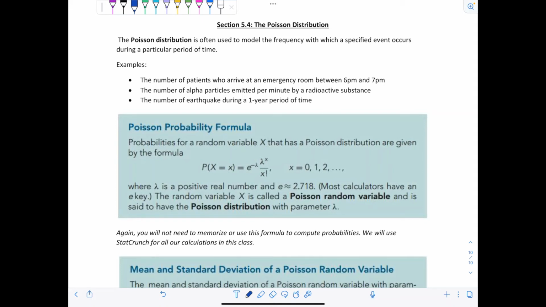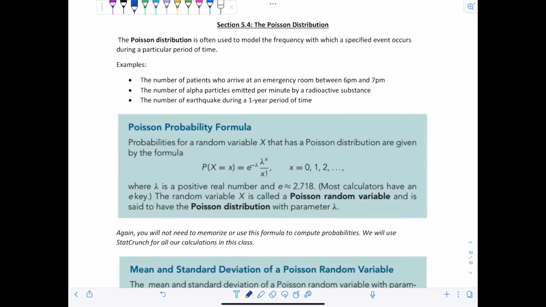Some examples when it would be appropriate to use the Poisson distribution: if you're interested in looking at the number of patients who arrive at an emergency room in a specific window, like say between 6 and 7 p.m., or the number of alpha particles emitted per minute by a radioactive substance, or maybe the number of earthquakes during a 1-year period of time. So time is a factor in all of these scenarios.